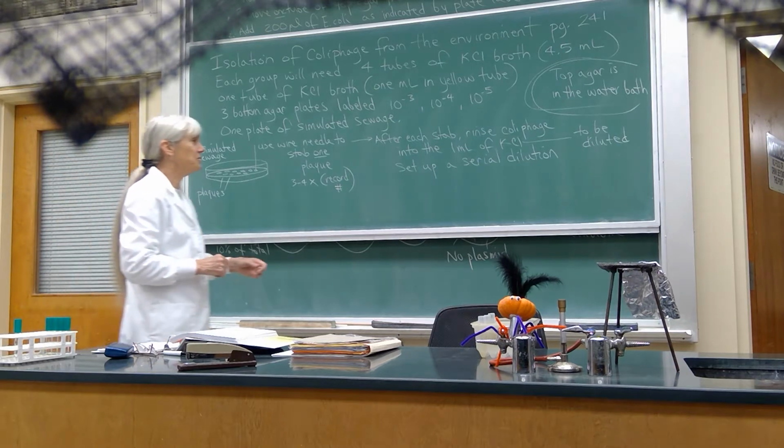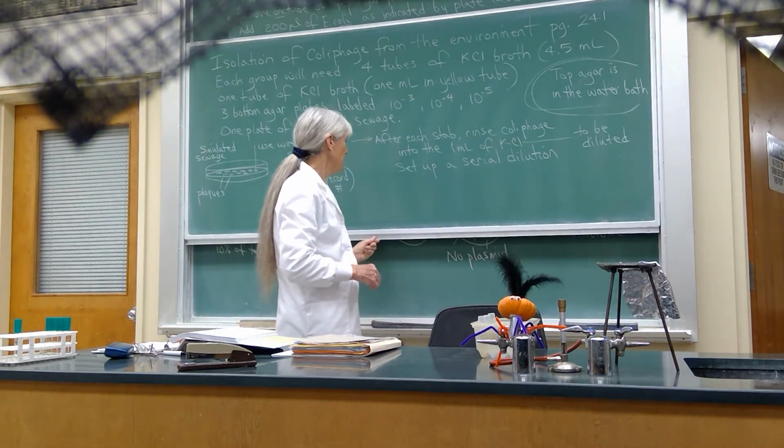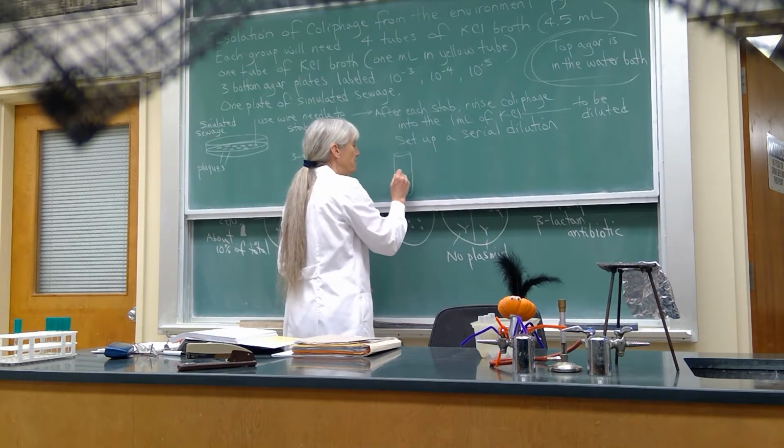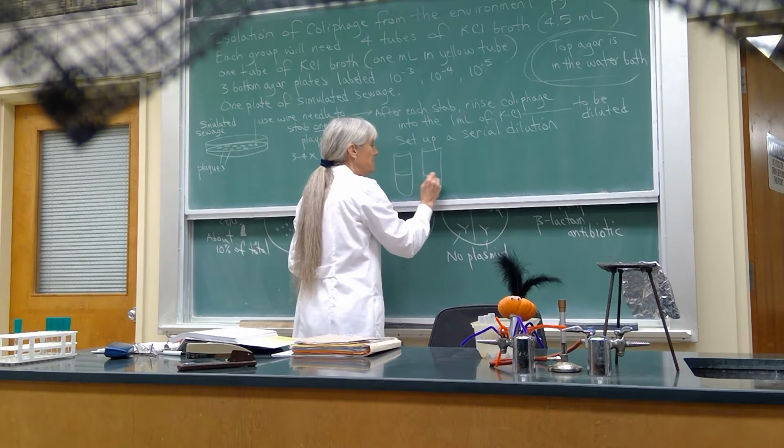You want to set up a serial dilution. This is what you're diluting, your 1 mil of KCl broth. Your serial dilution is going to be a series of 4 tubes that contain 4.5 mils of KCl broth.